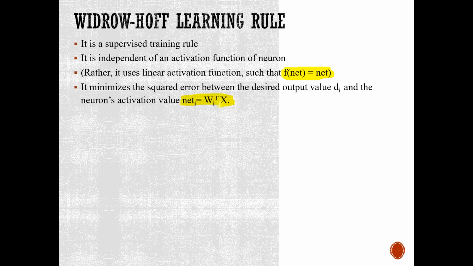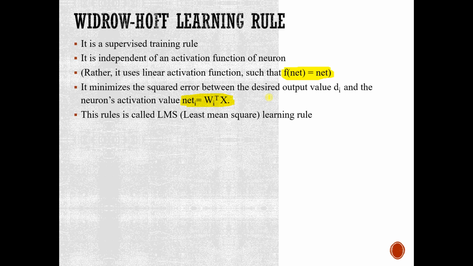The delta learning rule or discrete perceptron learning rule, both of them would try to reduce the error, that was the difference between di and oi. But here it is trying to reduce the difference between di and net of i and not oi.